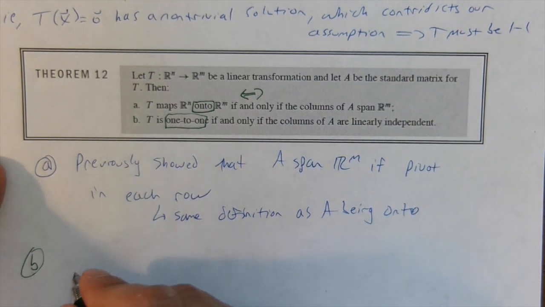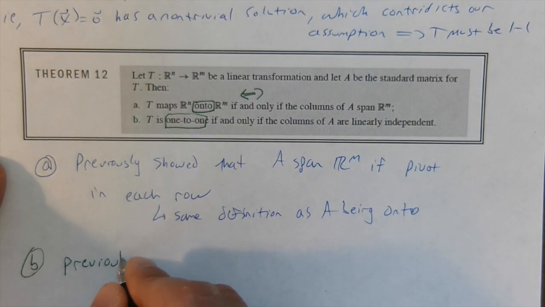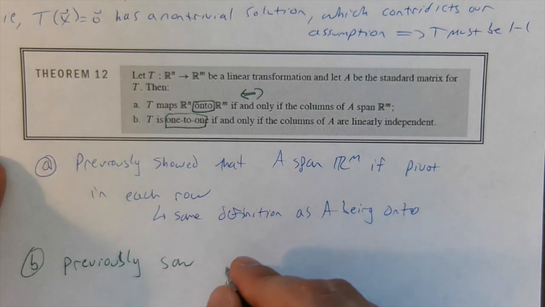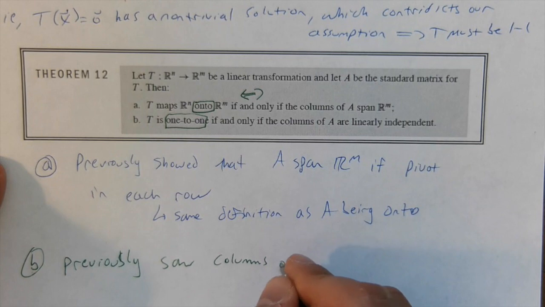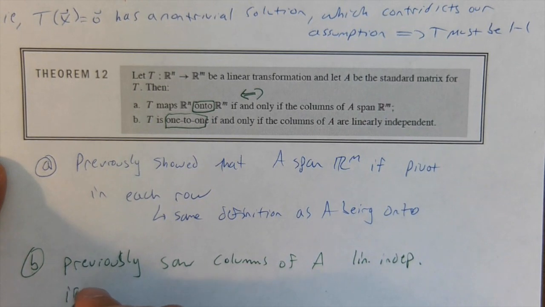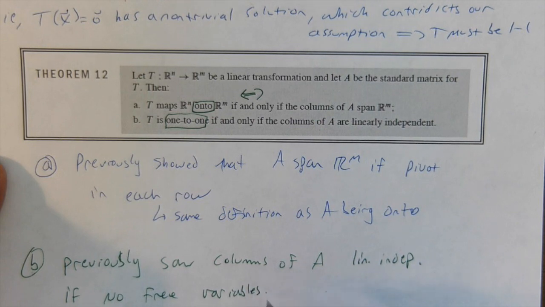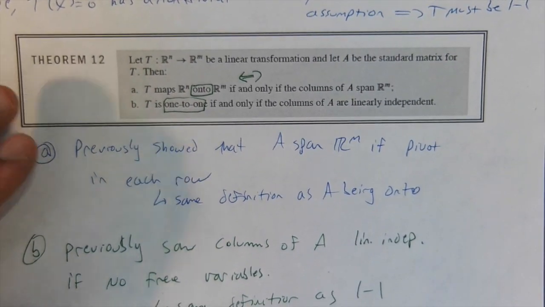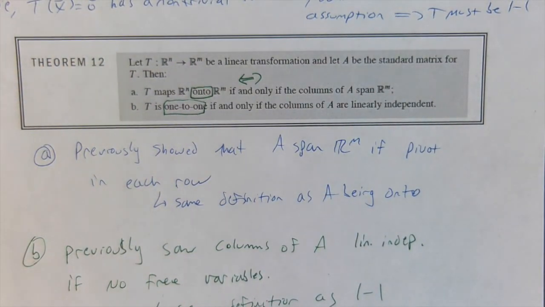B is saying we previously saw that the columns of A are linearly independent if there's no free variables, and this is the same definition as being 1 to 1. Again, most things in linear algebra are highly interrelated, and if you know one thing, you can link it to lots of other things and learn lots about a given matrix or transformation or whatever the particular topic is.